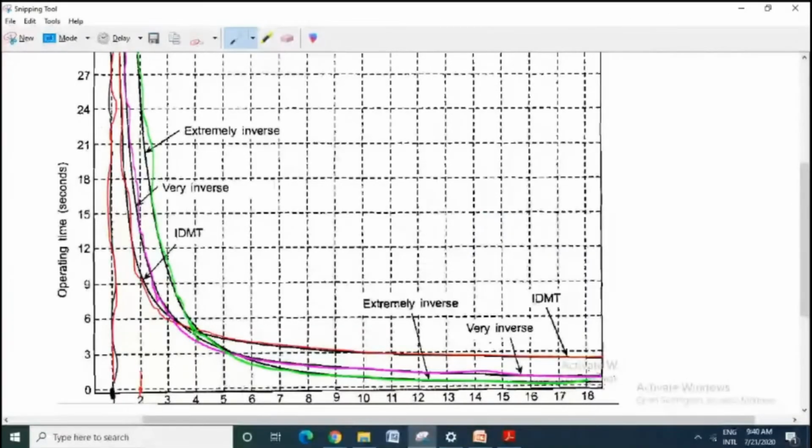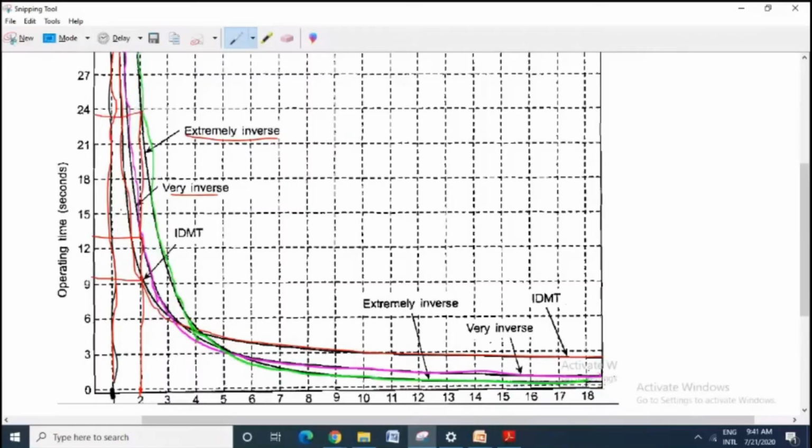For this current, see, the IDMT kind of graph is giving the value somewhere over here, right, around the value 9. The second graph, which is the very inverse, will give the value somewhere over here around 12 and 15, in between 12 and 15, whereas the extremely inverse kind of graph will give us a value somewhat nearer to 24, right?